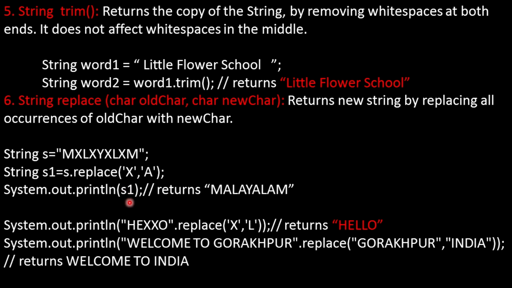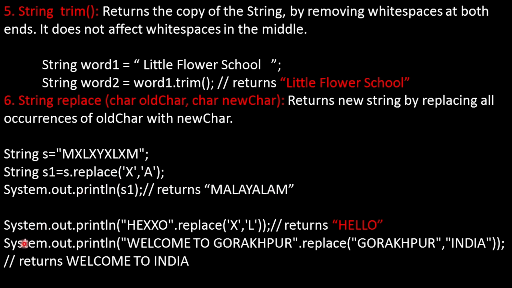System.out.println S1. In S1, what will we get? In all the occurrences of X, we will be getting A. So MALAYALAM. Wherever X was there, that was replaced by A. So Malayalam is returned by this function.